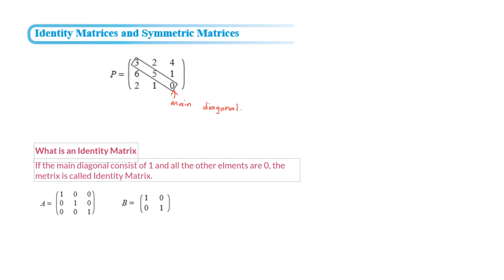Main diagonal. So what's the order here? 3 by 3. It's a square matrix.